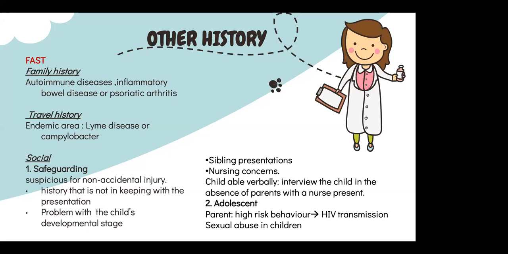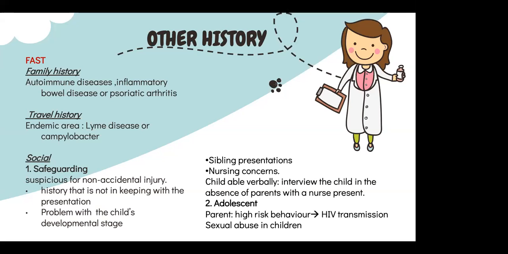Travel history is previous travel to an endemic area, which can suggest Lyme disease or Campylobacter infection. Social history, if you find that the child has safeguarding concerns, then you might want to be suspicious of non-accidental injury, like I've explained before.